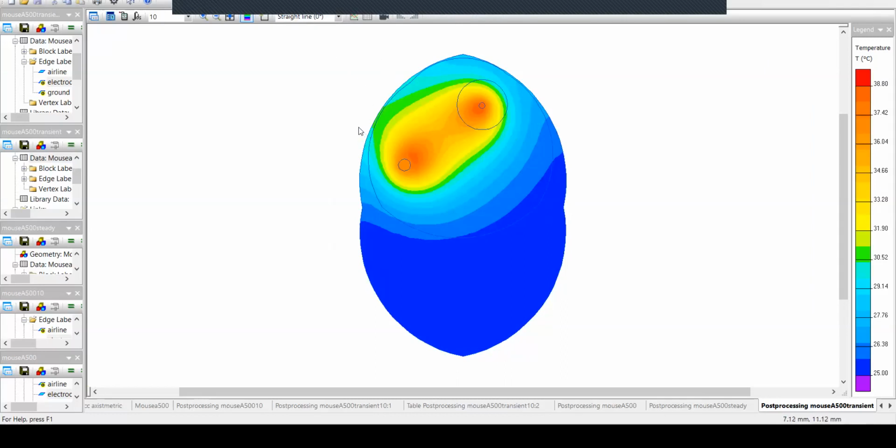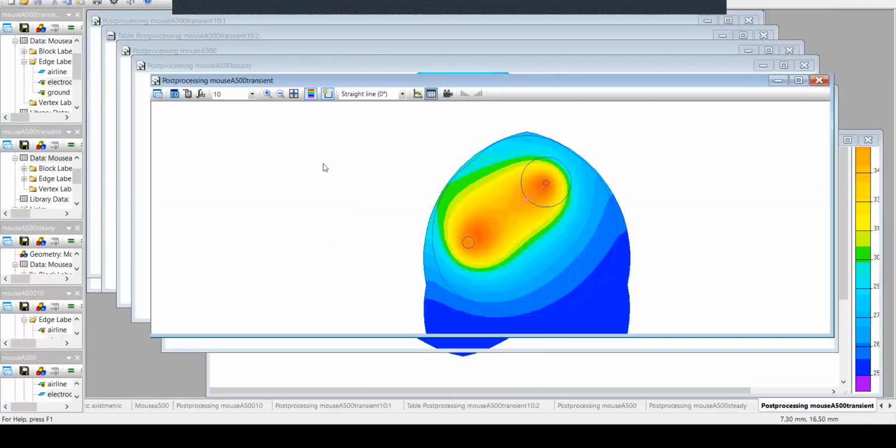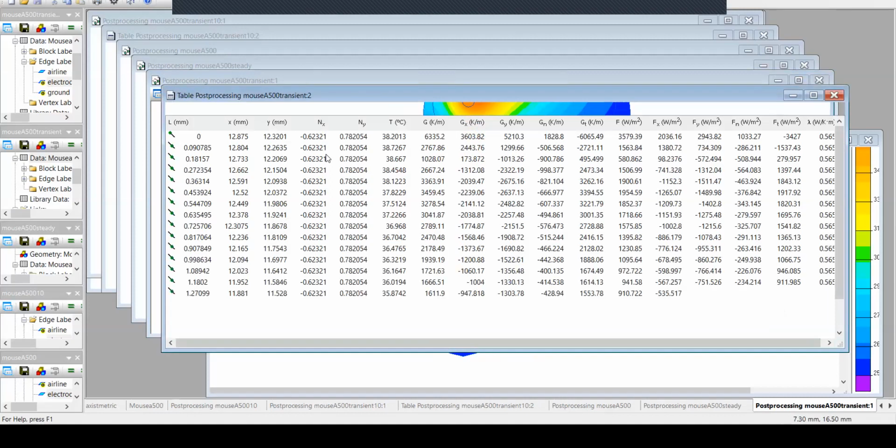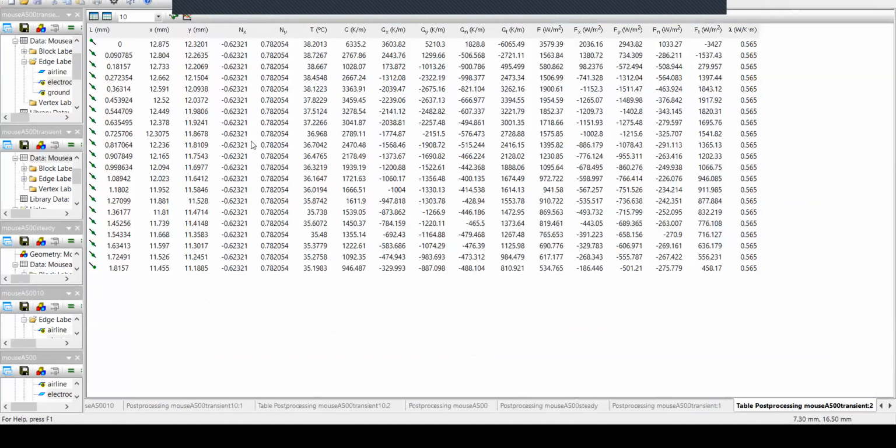If you want to see what happens in the first 10 seconds, we can draw a line using the contour application from the electrode. We assume that this is where the highest temperature is. Then we can see here, for example, the temperature as a function of the distance from the electrode.